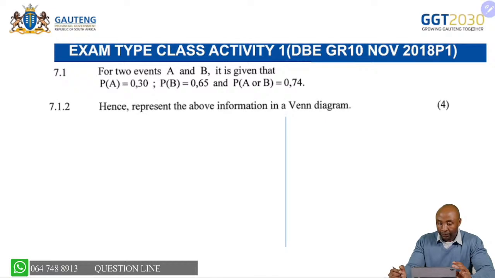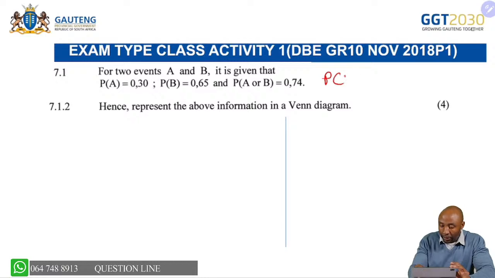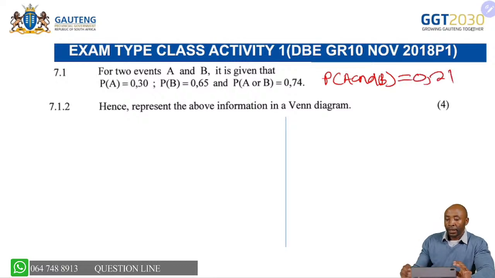Now, we need to represent this information in a Venn diagram. I'll carry on. We have calculated the probability of A and B, and we found it as 0.21. Now, please understand that when you are dealing with probabilities, your sample space will always be equal to 1.